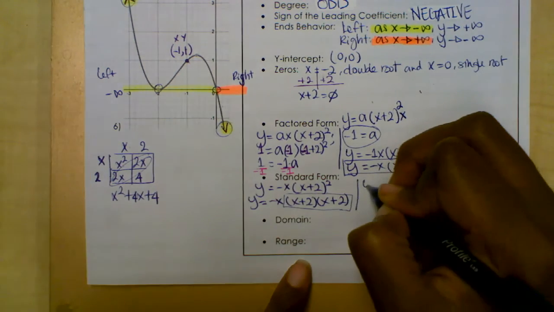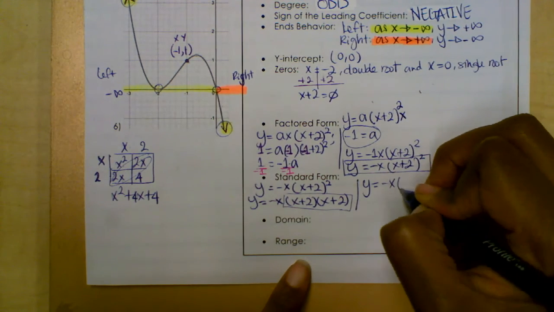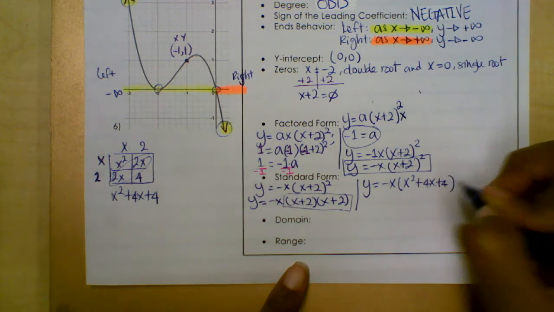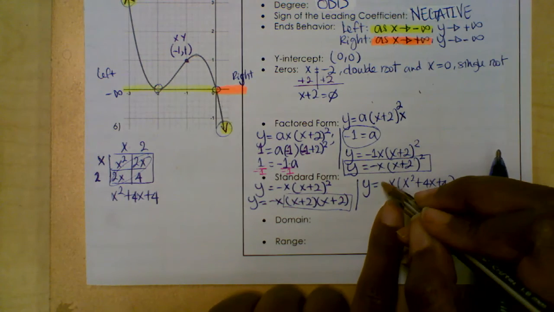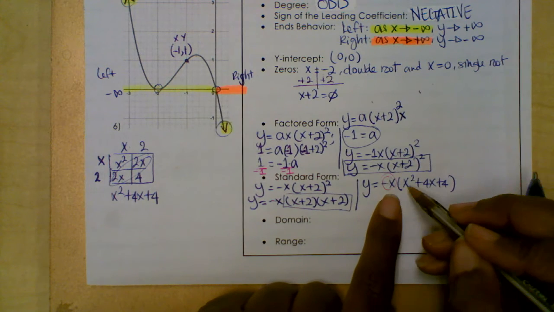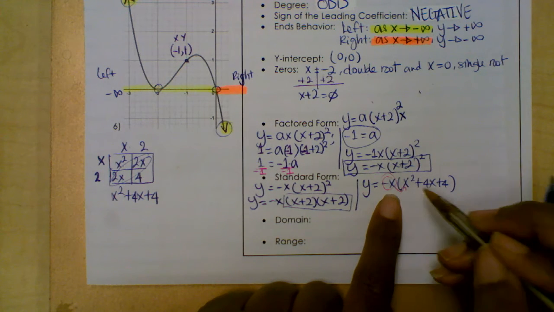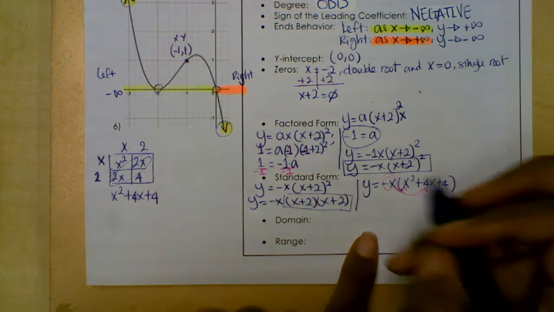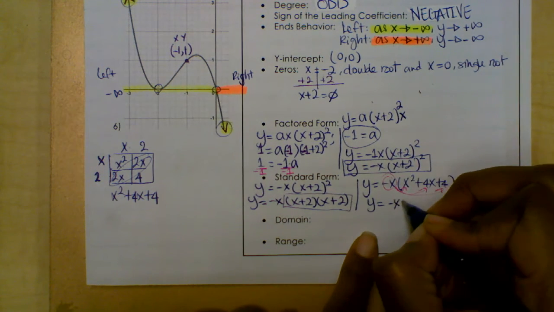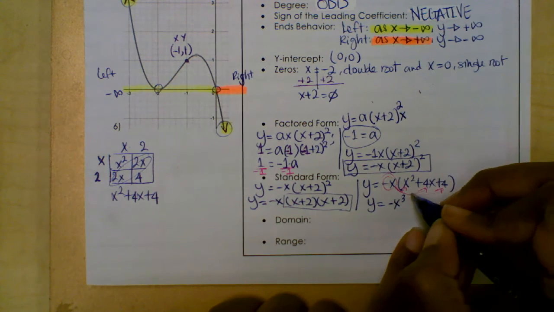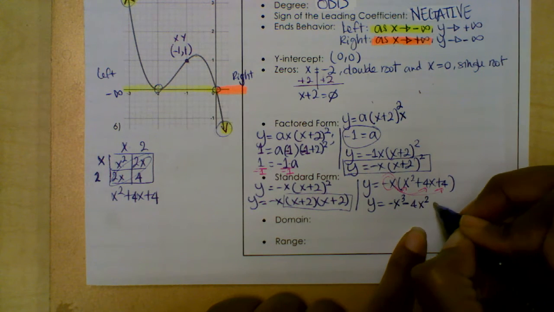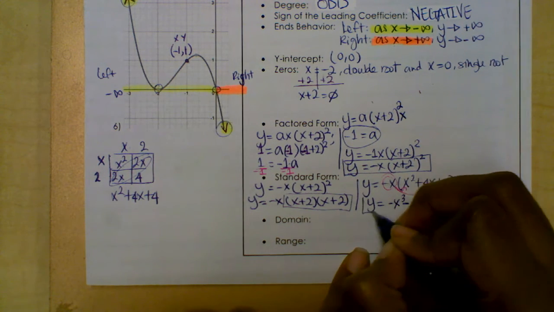Then I can continue: y equals -x times (x squared plus 4x plus 4). Because here is only one term, I'm going to take that -x and multiply with the x squared, with positive 4x, and with positive 4. So I end up with y equals -x cubed, minus 4x squared, minus 4x. And this is the standard form.